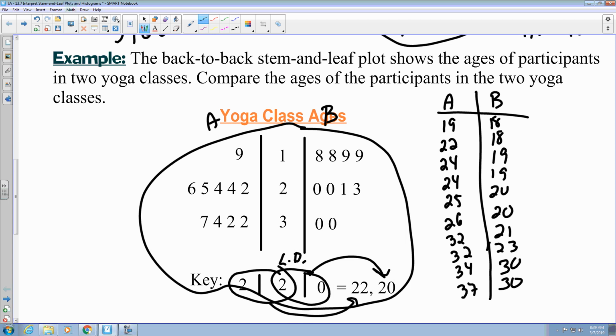Okay, so it says comparing the ages. It appears that looking at the data now, when it's taken out of the stem and leaf plot, you could say that the ages in yoga class A seem to be a little bit older than yoga class B, just from observations.